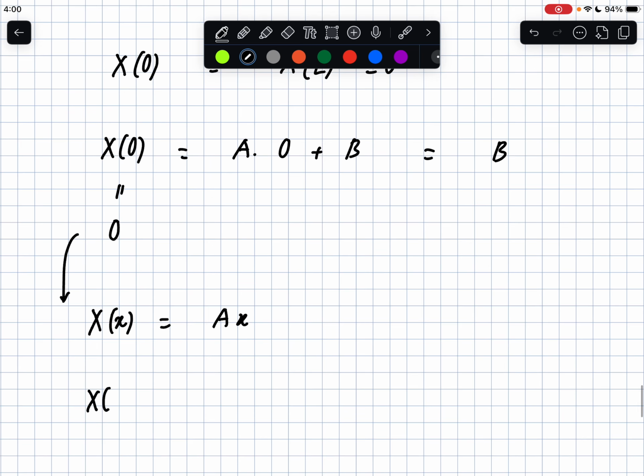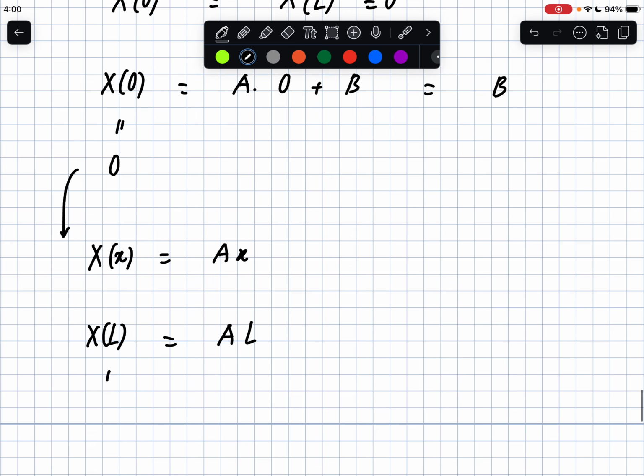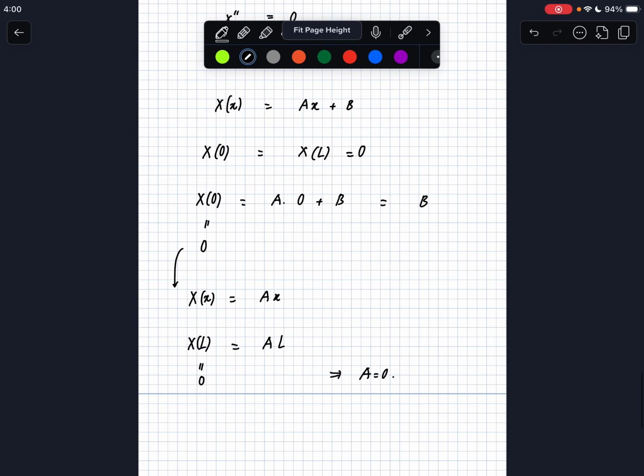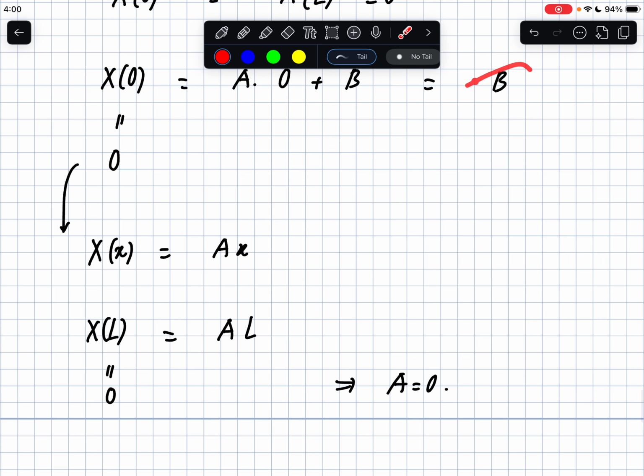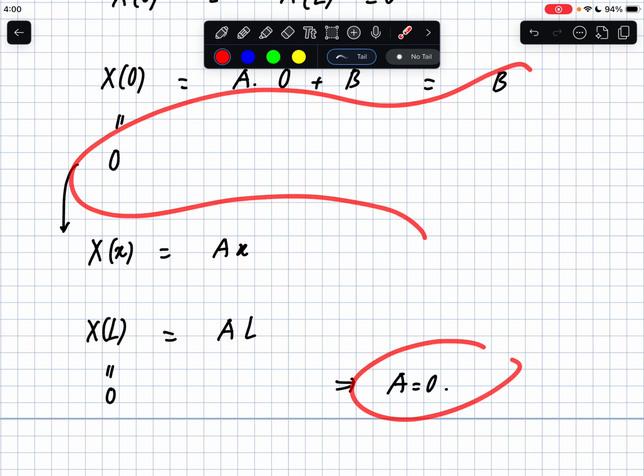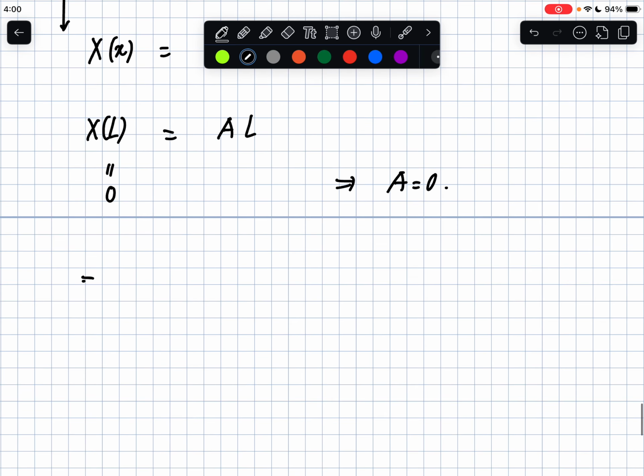X at L is A times L. This one again 0. This gives us A is 0. So the second case also gives us B 0, A 0. Trivial solution again. X of x equal to 0 for all x between 0 and L. We don't want trivial solution. Case 3.